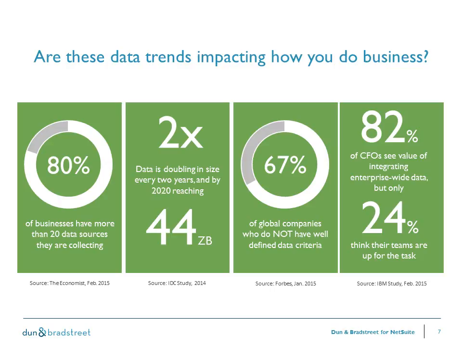So this one stat at the far right here from IBM is very telling. 82% of finance leaders who were surveyed find value in integrating data into their company systems, but only 24% of them have confidence that their internal teams and their internal structure can undertake the implementation project and have it be successful.